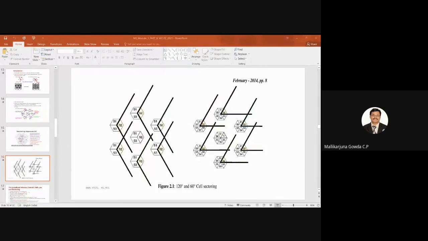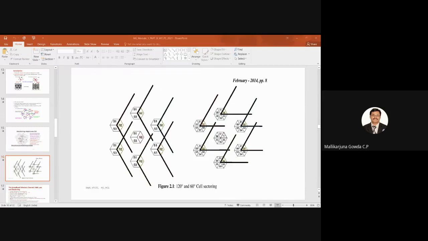I said this is the first layer, so there will be 6 co-channel cells with respect to the center cell. While doing 120-degree sectoring, I said these 2 are the co-channel cells whose radiated signal will interfere with this center cell, not these 4 cells.